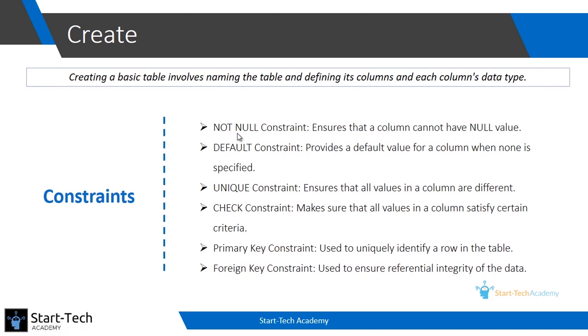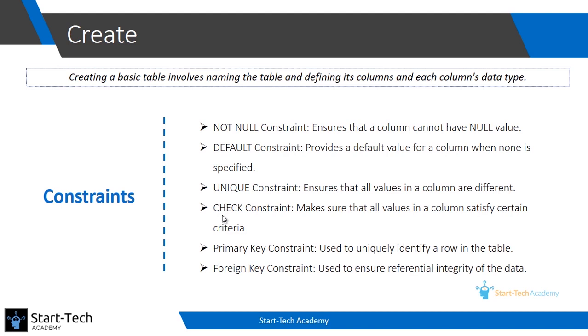If you miss that value while storing the data, it will give you back an error. Default constraint can be defined to store a default value if any input value is missing for that particular cell. Unique constraint will ensure that that particular cell has a unique value within that column.